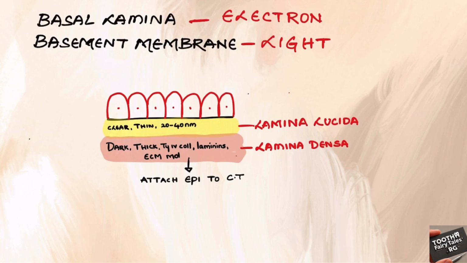This lamina lucida is present just beneath the epithelial cells. Lamina densa is present beneath the lamina lucida, and this layer is dark and it is very thick. And there are some important structural components like type IV collagen and laminins, and also some extracellular molecules present in this layer. This lamina densa helps in the attachment of the epithelium to the underlying connective tissue.